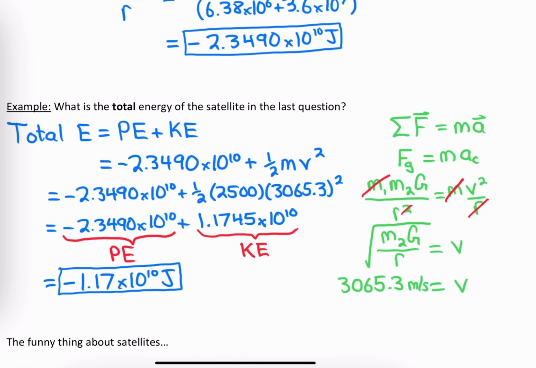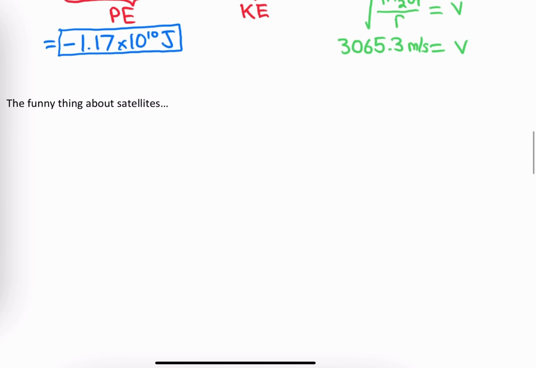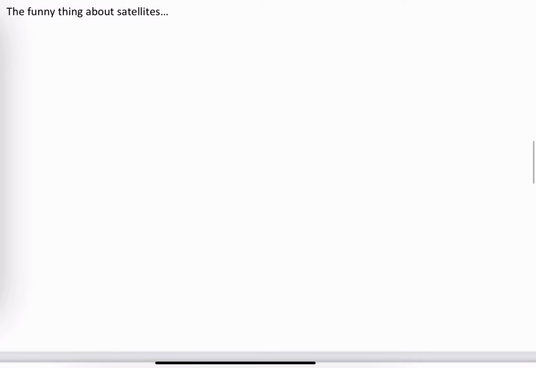Now, let's dive into this idea a little bit more, that this potential energy number was exactly twice the kinetic energy number, and it was negative. I said that wasn't a coincidence. Let's see if we can prove it. So, if I have a satellite, that means I have an object in orbit around another object, which means I'm dealing with circular motion.